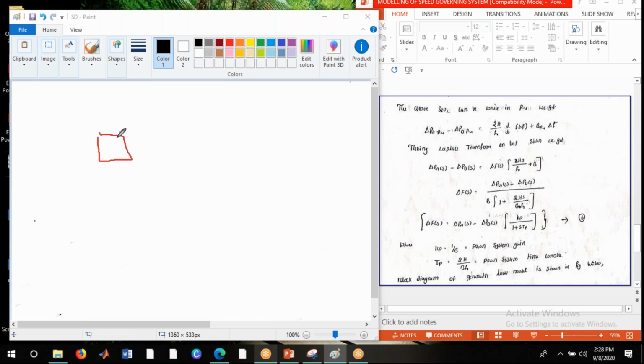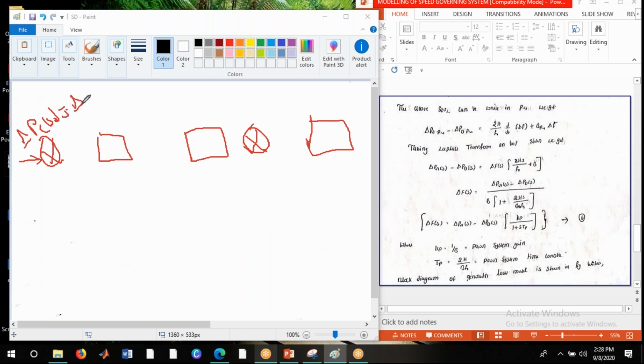So first is the governor block diagram, then the turbine, and then the generator. Initially we give the input to the governing model, delta Pc of s, also called delta Xa of s.